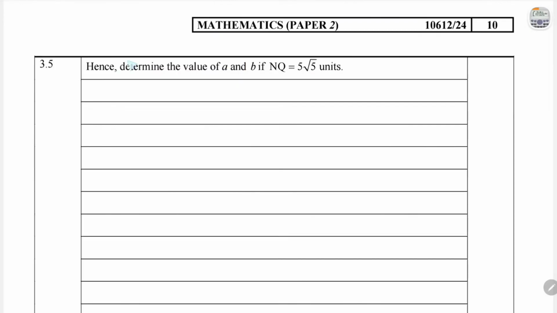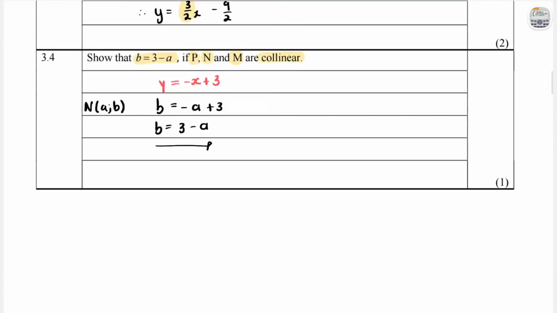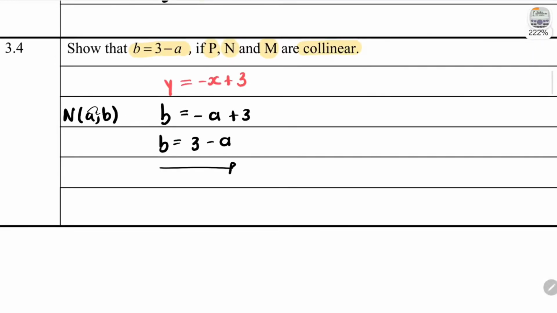Moving on to the next question. Question 3.5 says, hence determine the value of A and B if NQ is 5 square root 5 units. Okay, so this relates to the previous question. You see how they made us express B in terms of A. It was because of this.